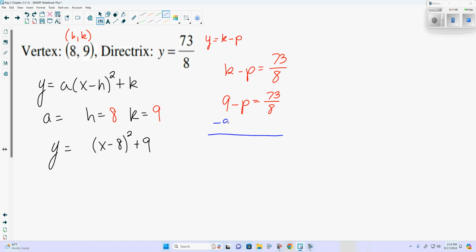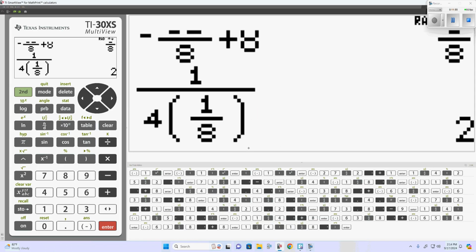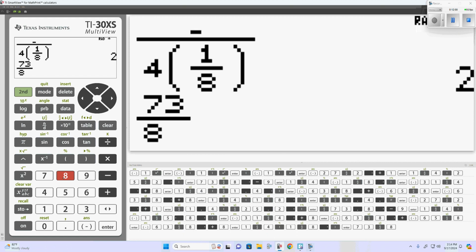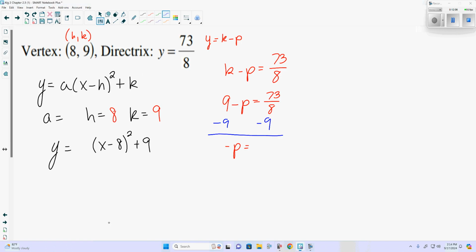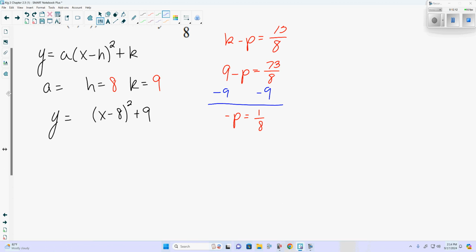So to solve, we would subtract 9 from both sides. 73/8 minus 9 is 1/8. If we're to do this by hand, we need the denominators to be the same, so we would need to turn 9 into 8ths.